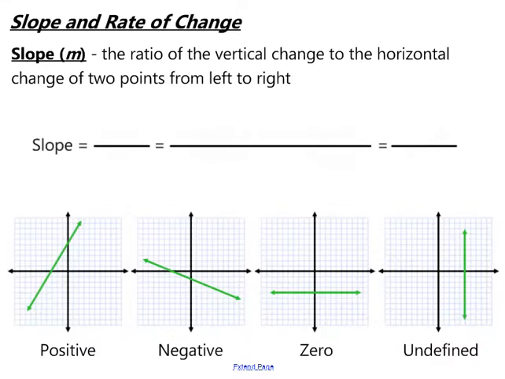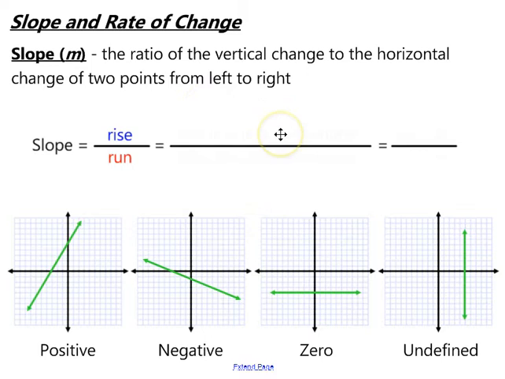Equations of lines in the coordinate plane. Slope and rate of change. Slope, represented by the variable m, is the ratio of the vertical change to the horizontal change of 2 points from left to right. So hopefully you remember from Algebra 1 the idea of slope, and you should initially think of rise over run.